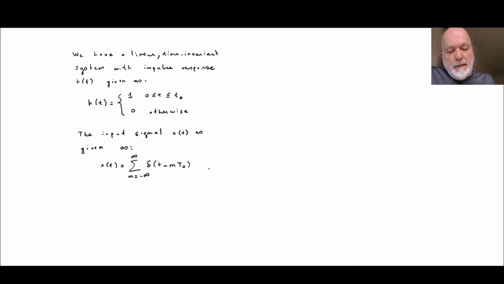So we have a periodic signal with the fundamental period, capital T0.